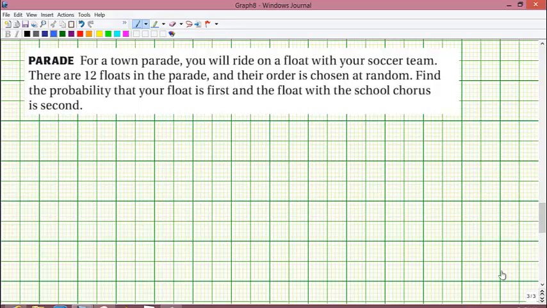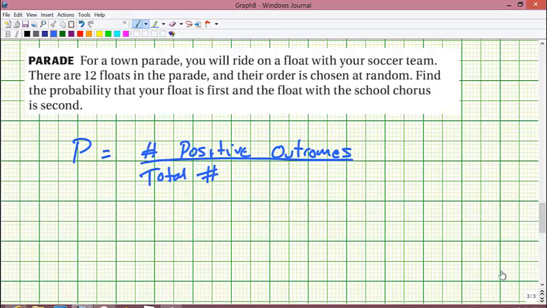Now, we've got to remember what the probability is. The probability of an event is the number of positive outcomes divided by the total number of outcomes. So we need to calculate these two things.